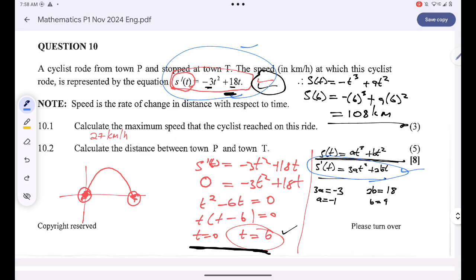And then I just substituted that back into the original equation of the distance. But now I already know the amount of time the person took to move from point P to T. I just substituted that time in the distance equation to find the total distance traveled in kilometers. That's how, guys, you are supposed to tackle the question.